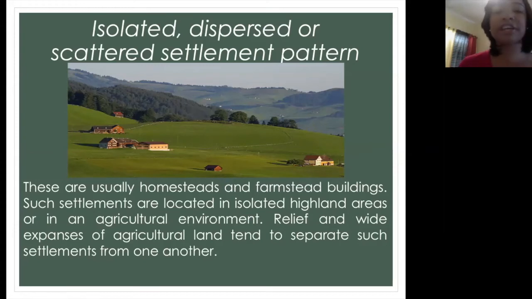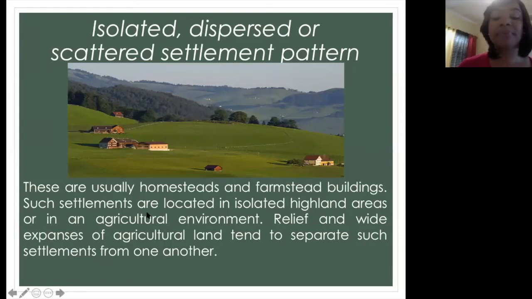So our first sediment pattern, this one is called your isolated or your dispersed. It's also called a scattered sediment pattern. And we can almost decipher why this is called that. When you look at the way the buildings are structured, they're not closely together. They're very separated over a farmland area.